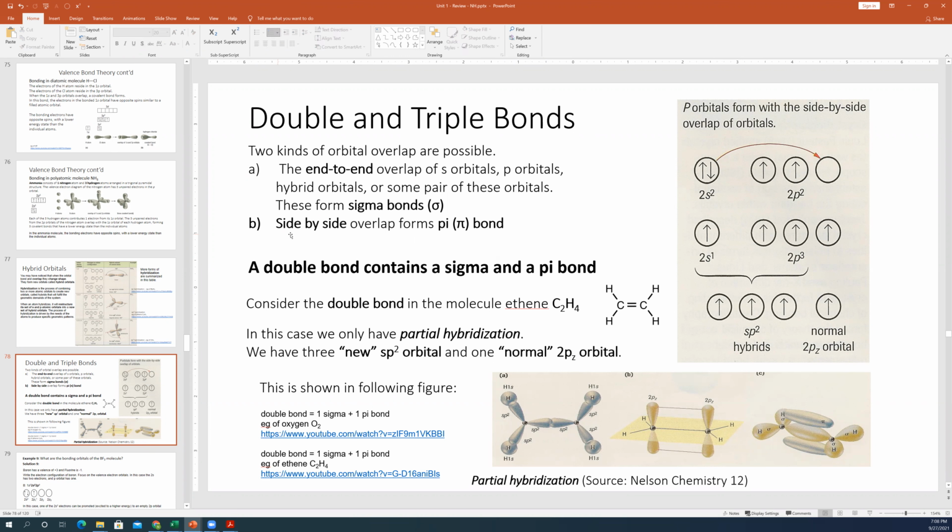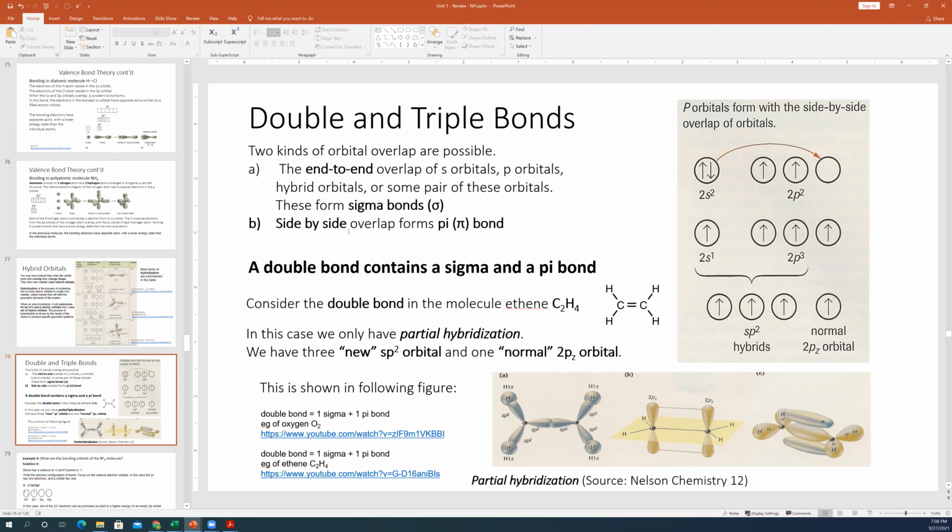Now, side by side doesn't make much sense for s orbitals. After all, they're spherical. What is side by side for s orbitals? Really, there's only one way you can bring 2 spheres together. But for p orbitals, if you can imagine them, they're like a set of dumbbells. There's 2 different ways you can bring them together.